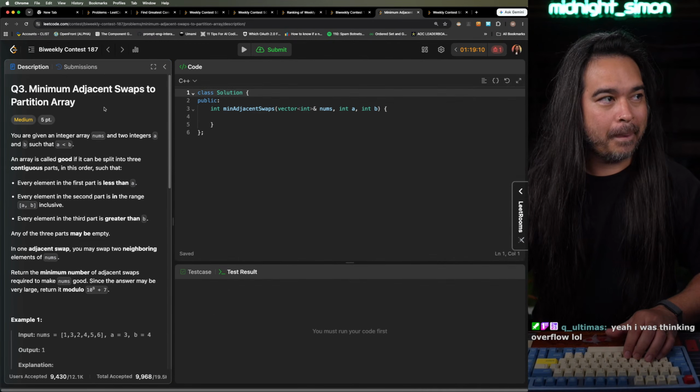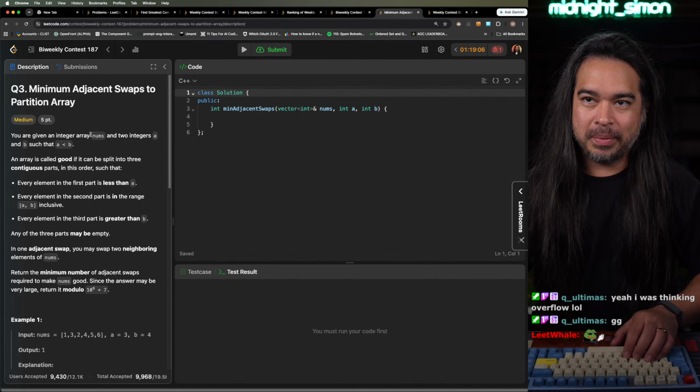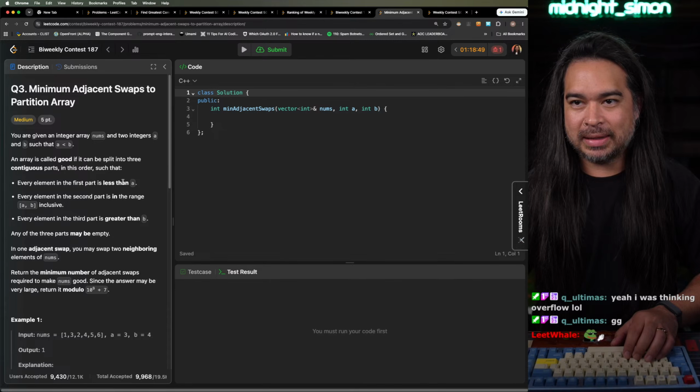Q3. Minimum adjacent swaps to partition array. You are given an integer array nums and two integers a and b such that a is less than b. An array is called good if it can be split into three contiguous parts in this order such that every element in the first part is less than a.